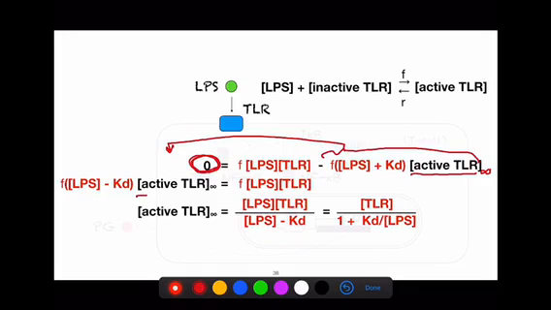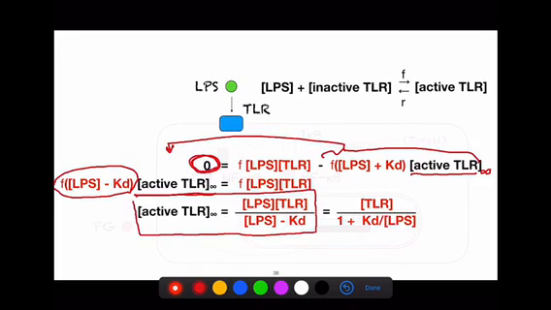So you write like that with the infinity sign. And then divide the right-hand side by F multiplied by LPS plus KD to get the steady state active TLR, which is TLR times LPS divided by LPS plus KD, which has a functional form like this.